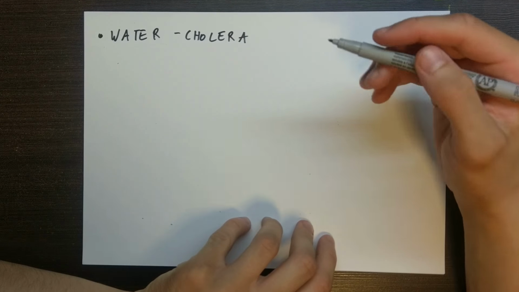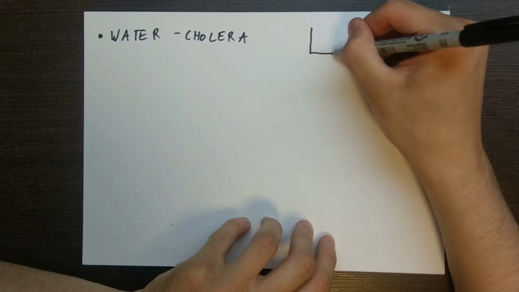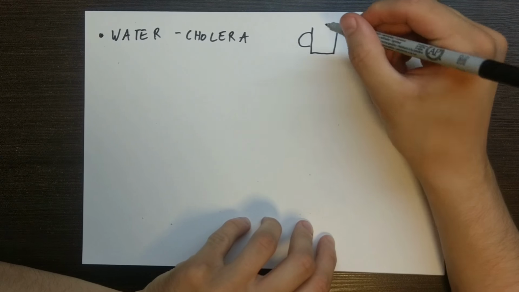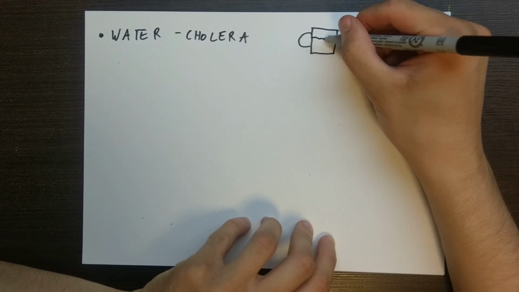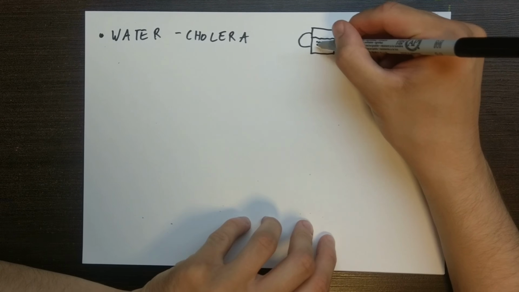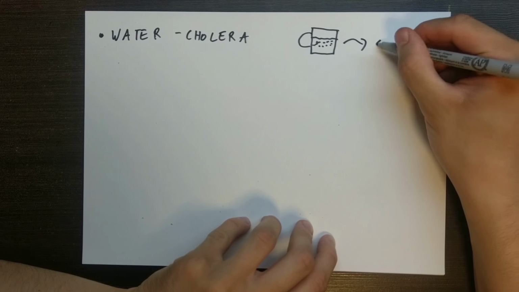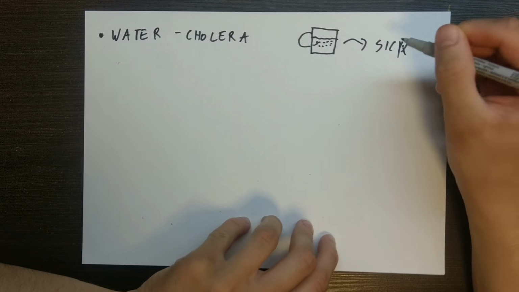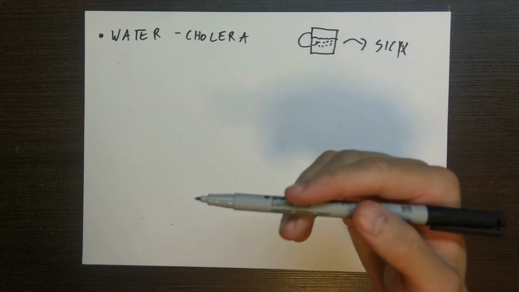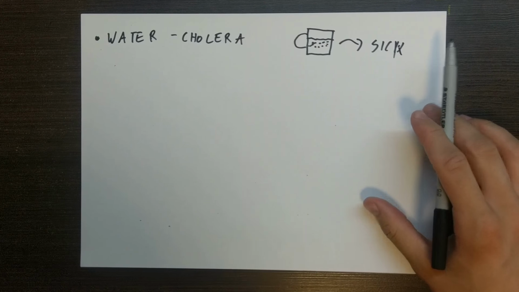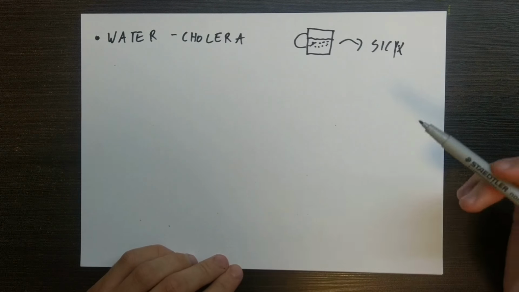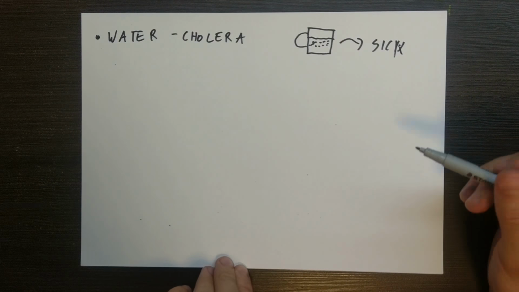What it means is that if somebody was to drink water that contains this pathogen, then they would get sick. So this is one way various pathogens throughout history have decimated large populations.